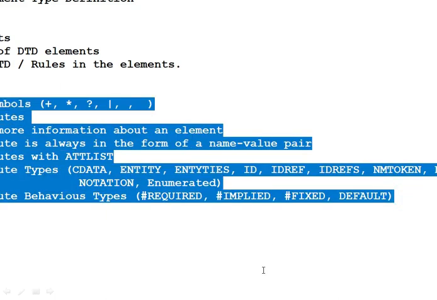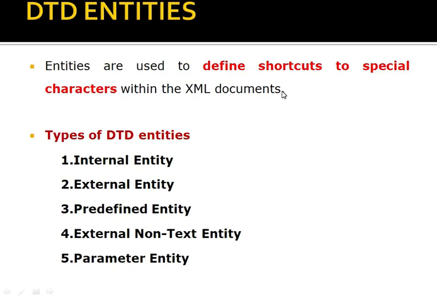Today we are going to discuss DTD entities, and finally we will end up with the drawbacks of a DTD. We are discussing DTD, and we know the purpose: the purpose of DTD is to define the structure of the XML document.